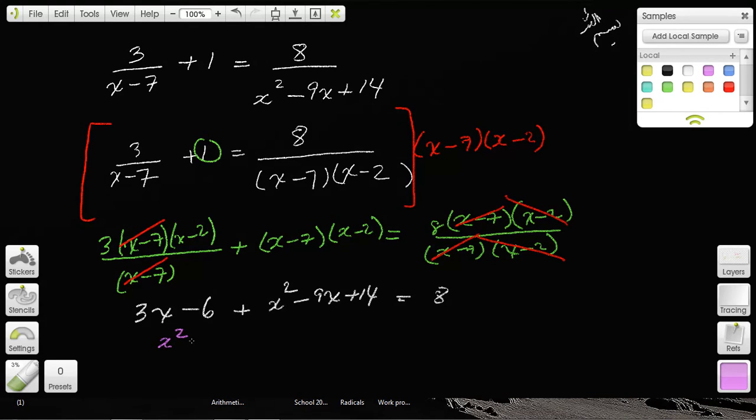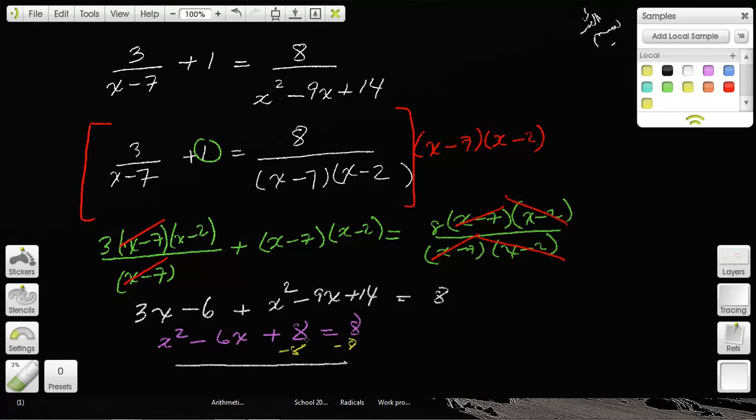And then it will be minus 6x plus 8 equals 8. And? Oh yeah, minus 8.